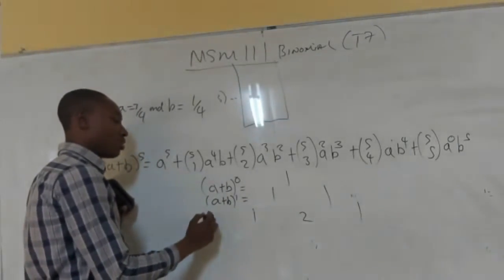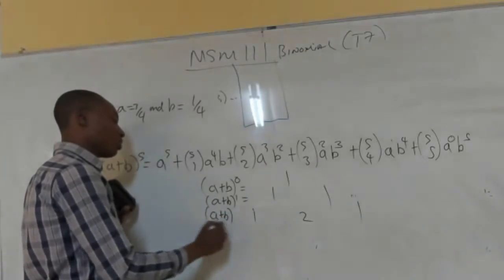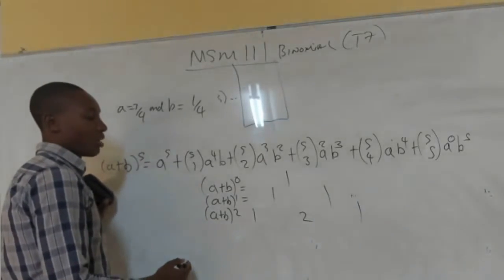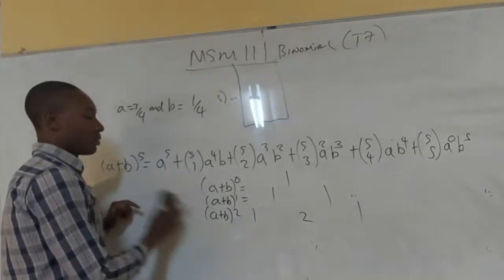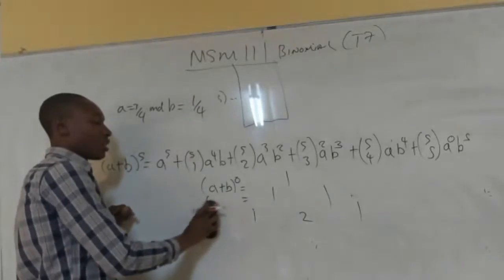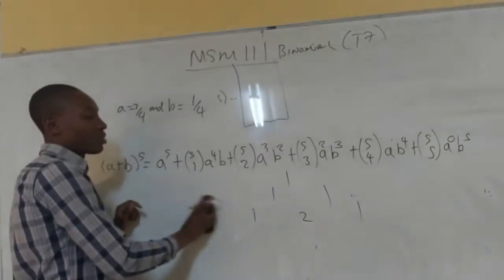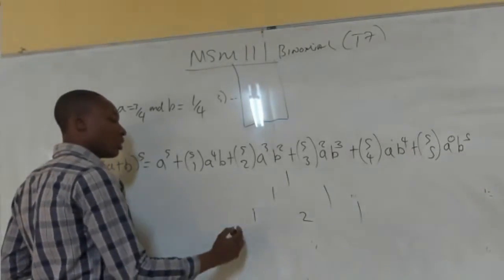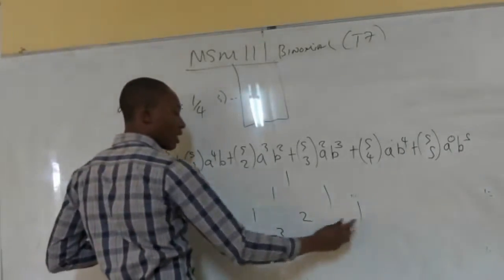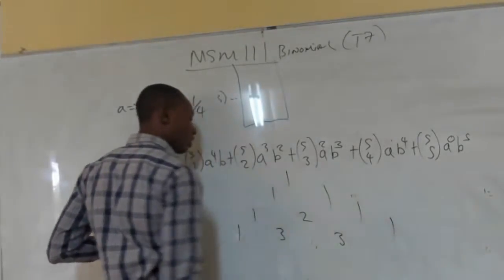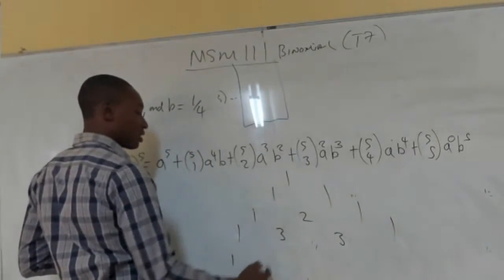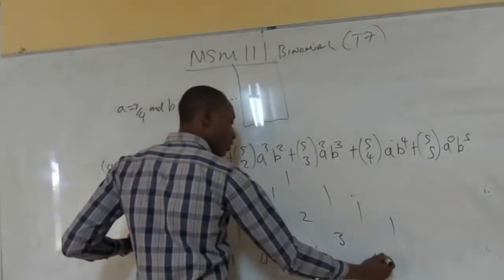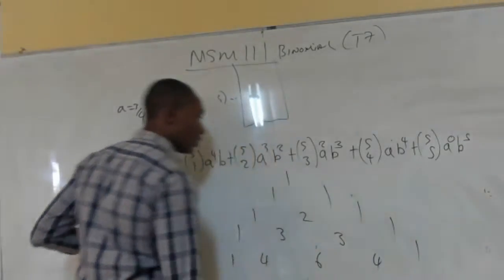Okay. So a plus b to the power 2. If you recall, a plus b to the power 2 is a squared plus 2ab plus b squared. But refer to the Pascal's triangle. With reference to the Pascal's triangle, we can have 1, 1, 1, 1, 2, 1, 1, 3, 2 plus 1 is 3, 1, 1, 1 plus 3 is 4, 3 plus 3 is 6, 3 plus 1 is 4, 1.